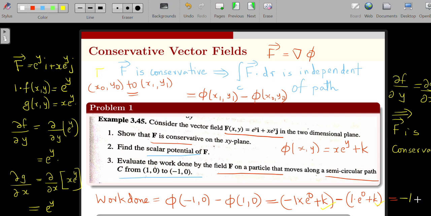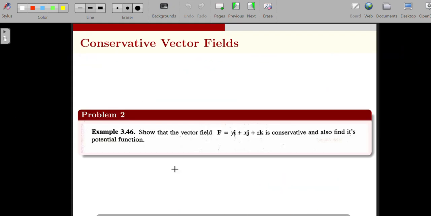The remaining is -1 minus 1, which is equal to -2. So the work done by this conservative vector field F on the particle, we need only consider the end points (1, 0) and (-1, 0). It is φ(-1, 0) minus φ(1, 0), and it is equal to -2. Hope that it is clear to you.